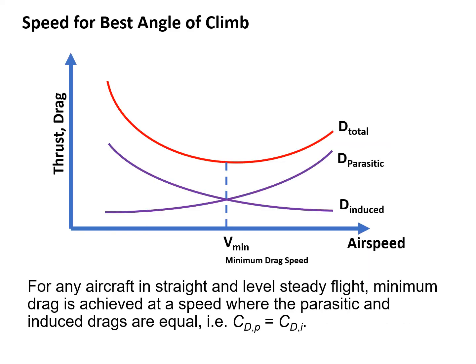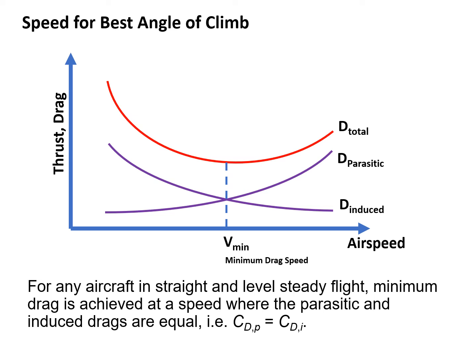And just now we had this graph. Before, we know the drag can be divided into the parasitic drag and induced drag, and at a certain airspeed they are the same.